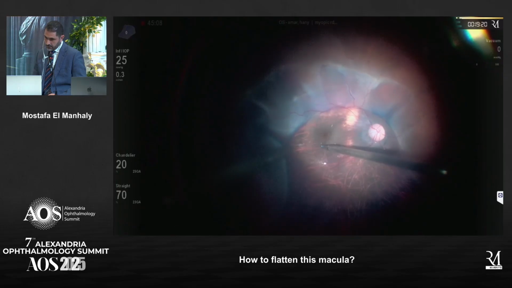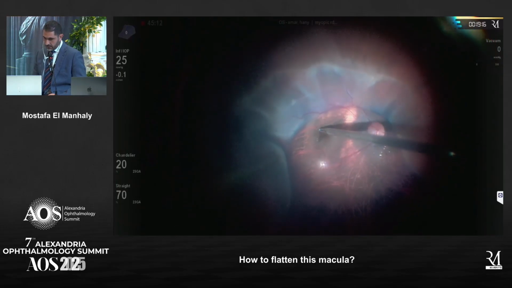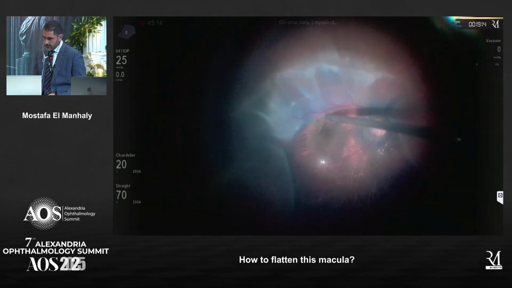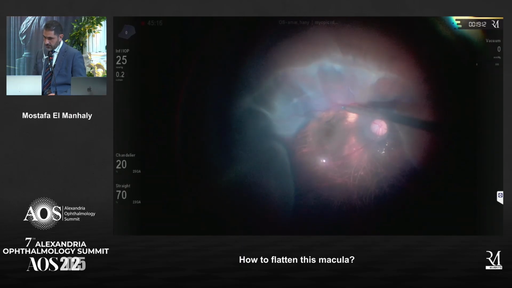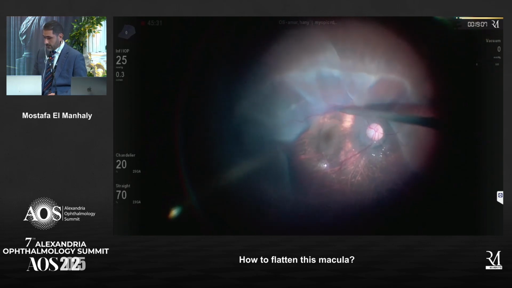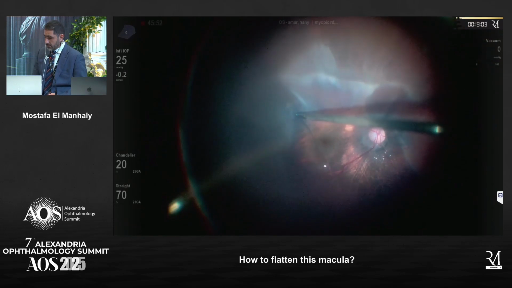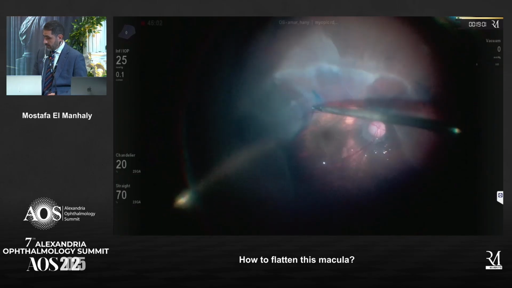It was difficult, but with the use of repeated or augmented staining, I could peel the internal limiting membrane. The patient had a large posterior staphyloma, so I think that removing the internal limiting membrane would free the underlying retina.